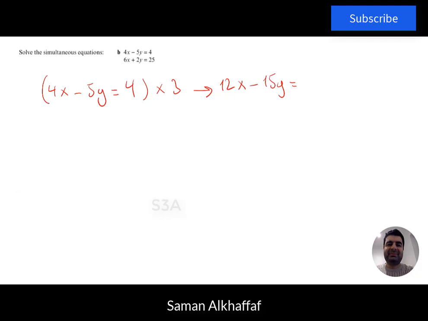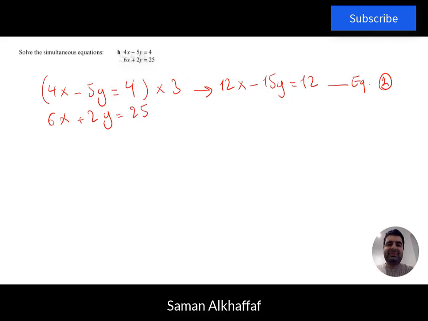That would give us 12, so this will be our new equation 1, and we also multiply equation 2, which is 6x plus 2y equal 25.